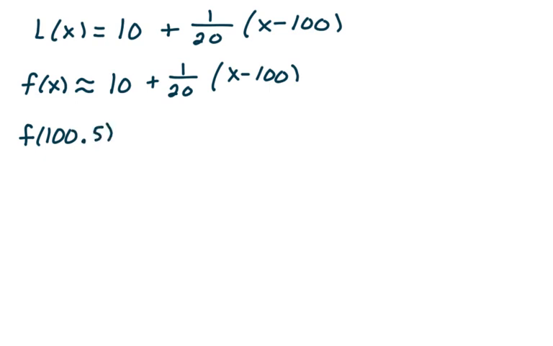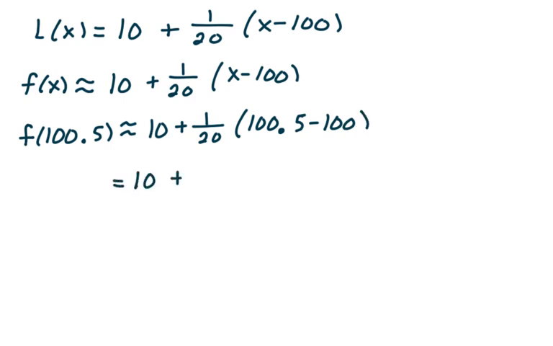Now, what I want to know is f of 100.5. And in this problem, I want to make sure you realize what we're looking for. So wherever I see an x, I'm going to pop a 100.5 in its place. So I get 10 plus 1 over 20 times 100.5 minus 100, which is 10 plus 1 over 20 times 0.5.